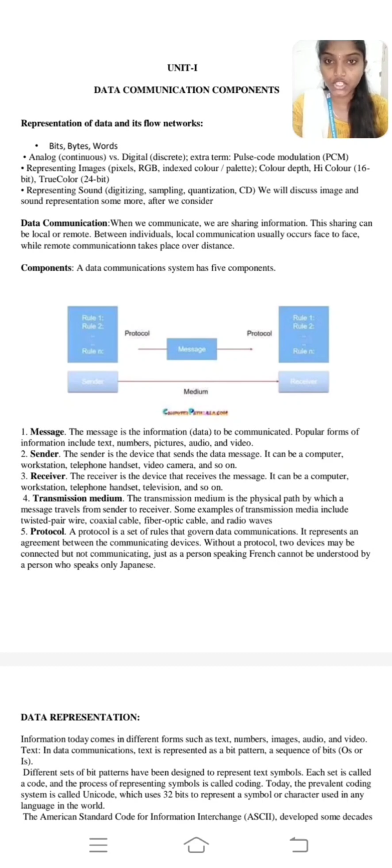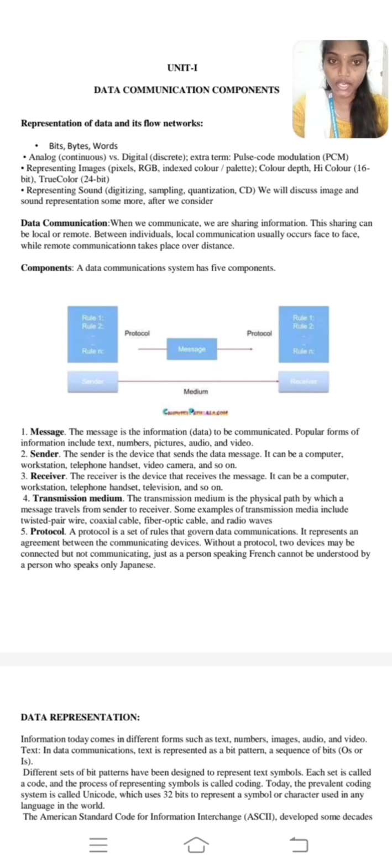Next one, representation of images, color depth. High color is 16-bit and true color is 24-bit. Representation of sound will be discussed; we will discuss image and sound representation some more after we consider data communication.